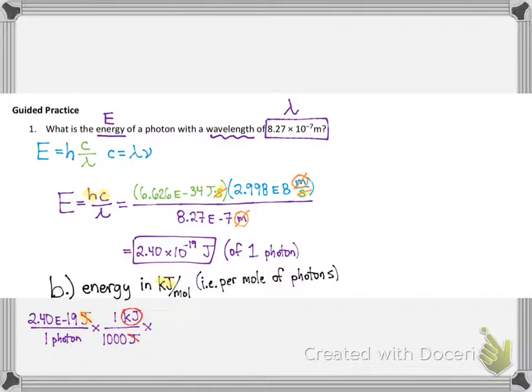Awesome. But now I need to get the per moles. So instead of being per photon, it needs to be per mole. So this is where things get a little sneaky. Because photons are on the bottom in our given number, photons needs to go on the top of our conversion fraction, which means my mole of photons will be on the bottom.